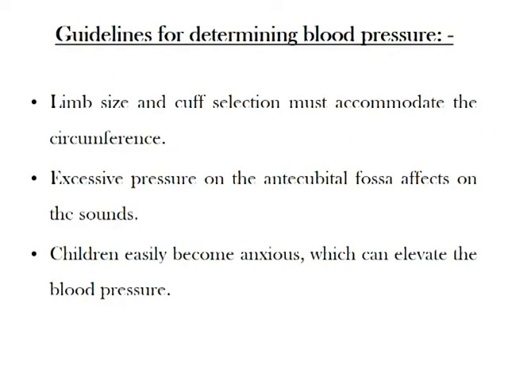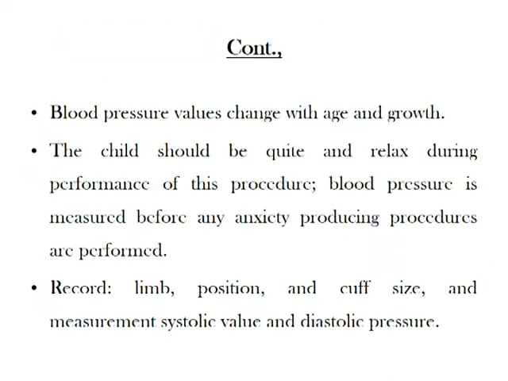Guidelines for determining blood pressure. Limb size and cuff selection must accommodate the circumference. Excessive pressure on the antecubital fossa affects the sound. Children easily become anxious, which can elevate the blood pressure.